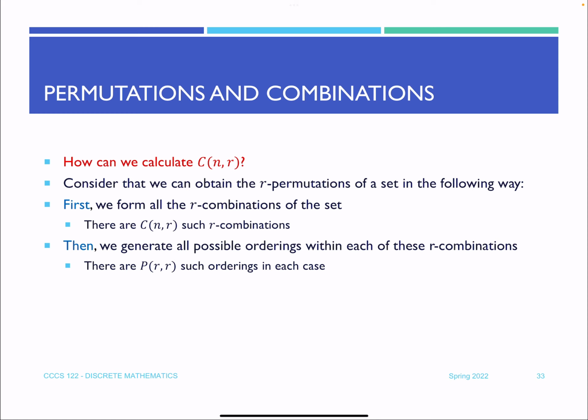Then we generate all possible orderings within each of these R combinations. And there are P(r, r) such orderings in each case. So it gives us P(n, r) equal to C(n, r) times P(r, r).